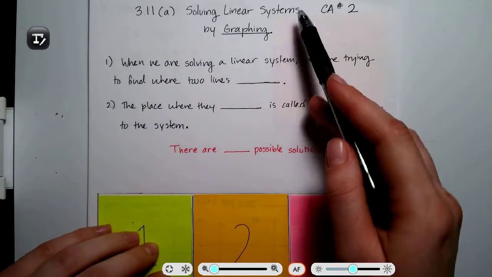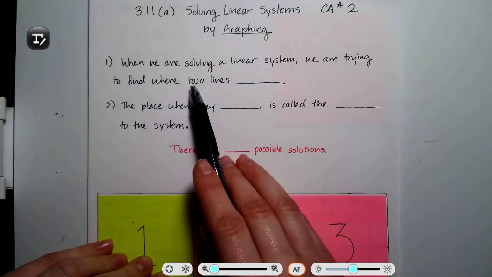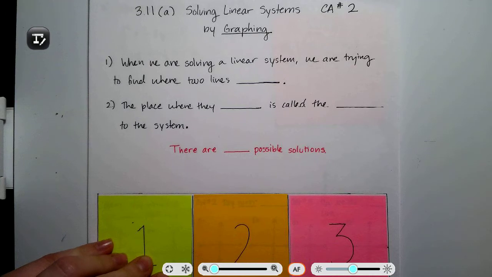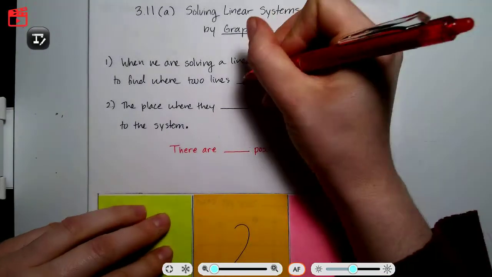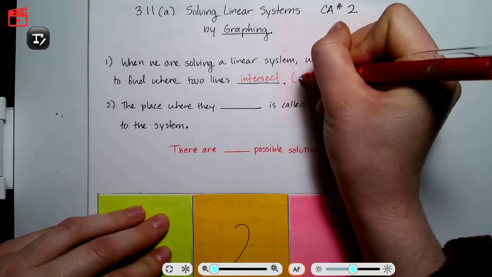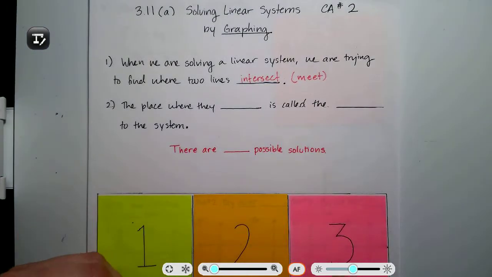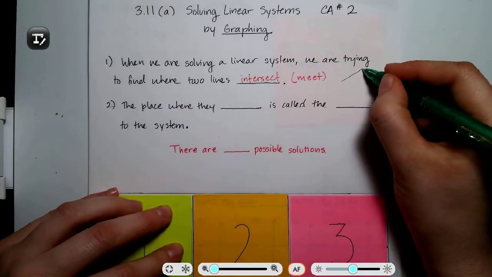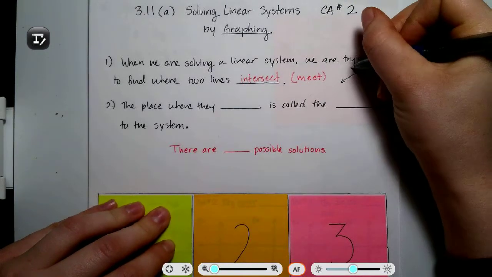Okay, so number one, when we are solving a linear system, we are trying to find where the two lines intersect. Intersect, or another word, meet. So for example, if we're looking at two different lines, let's say that's one line, the other line might look like this.